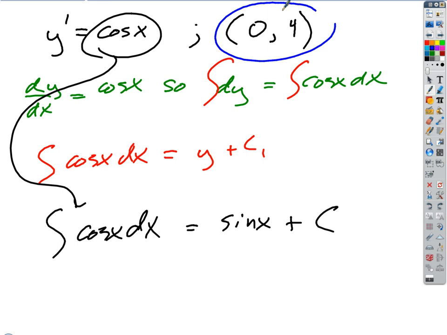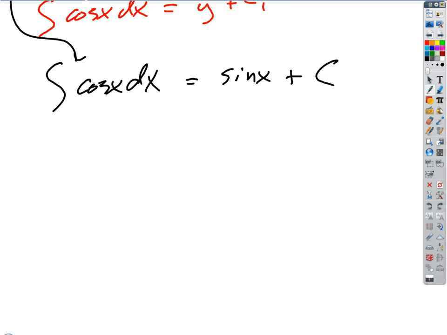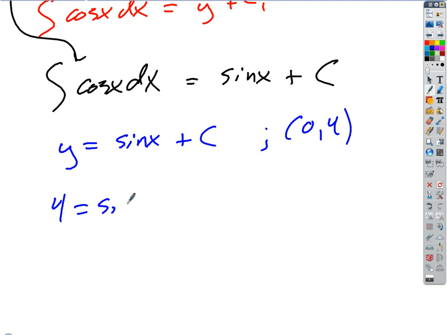And so we can plug in this value of x and y and get our answer. We know that our answer is y equals sine x plus c at the point 0, 4: 4 equals sine 0 plus c.